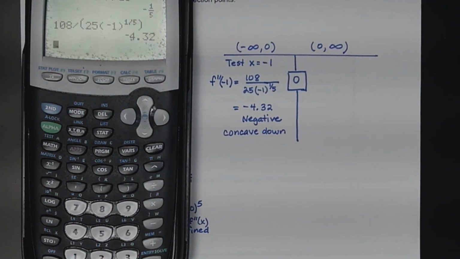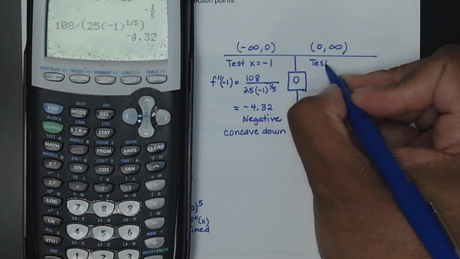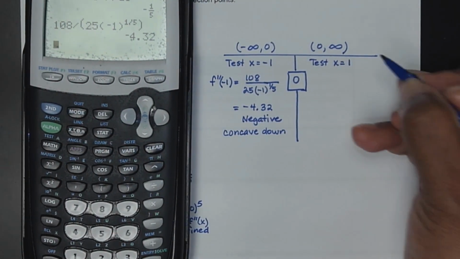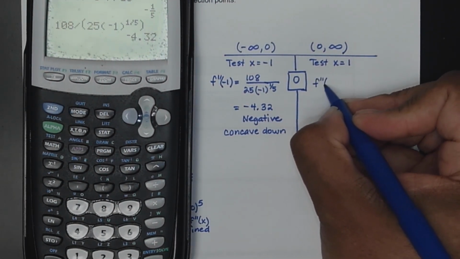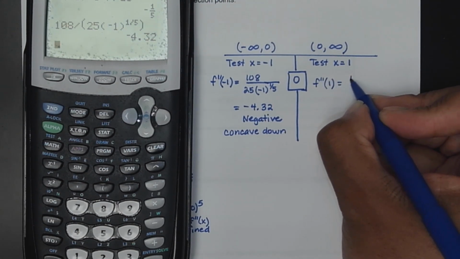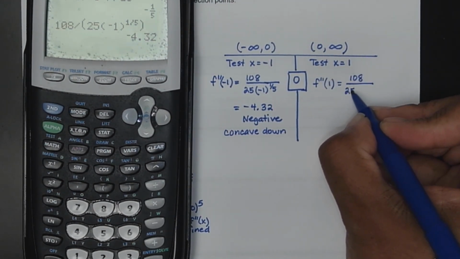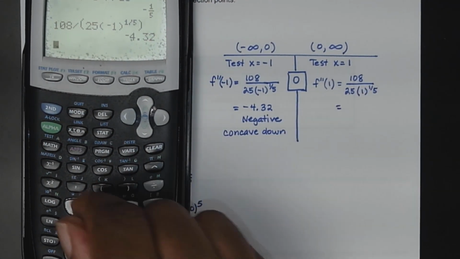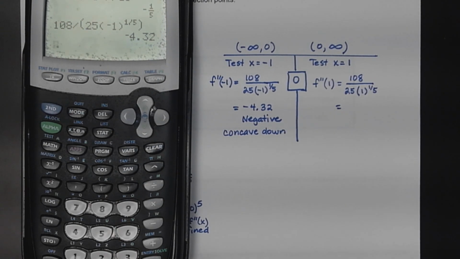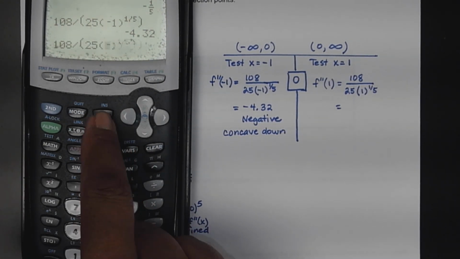And then from 0 to infinity, we're going to test, let's say x equal positive 1. So f double prime of positive 1 would be 108 divided by 25 times 1 to the 1/5 power. And I'm going to do this second and enter to copy this, and I'm going to delete that negative sign.